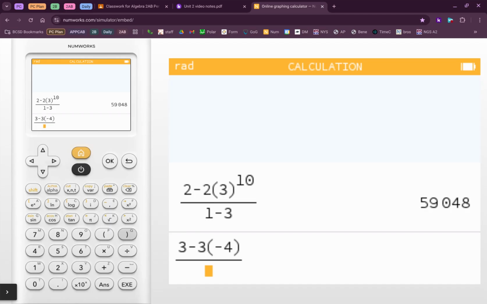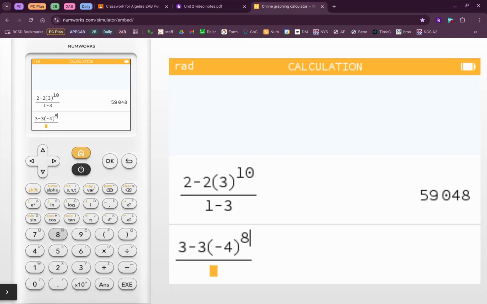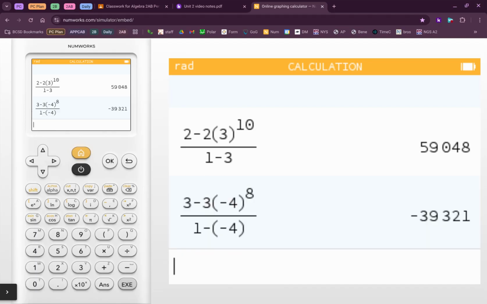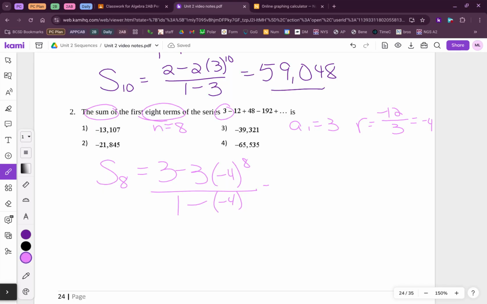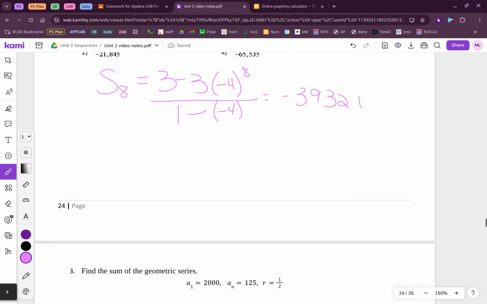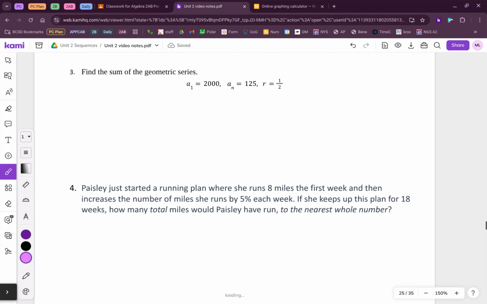Make sure you're using parentheses around that R value. Those negatives will get in the way. All right, we get negative 39,321. Feel free to pause this at any time if I'm working ahead too fast, okay, so pause it and do what you need to.